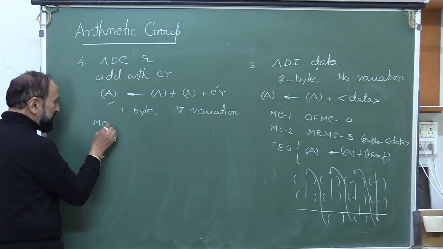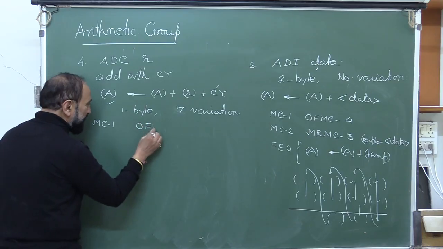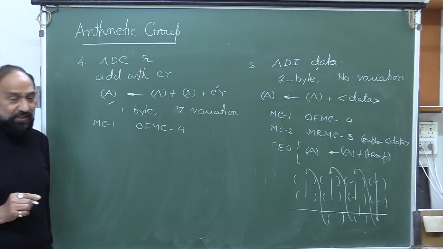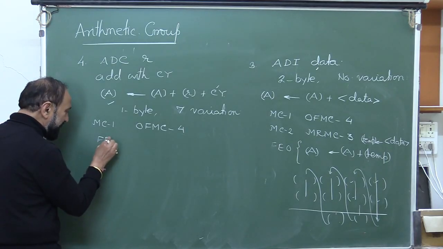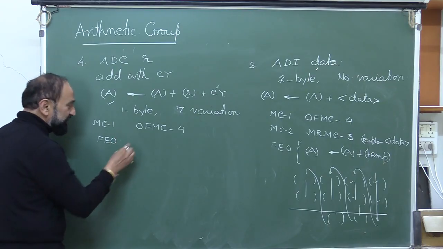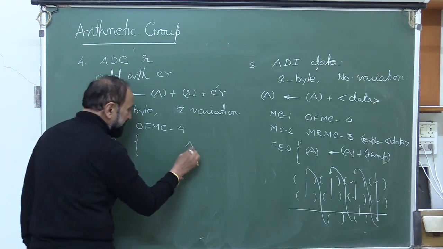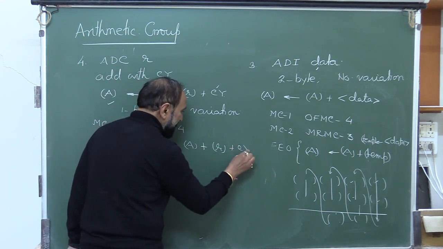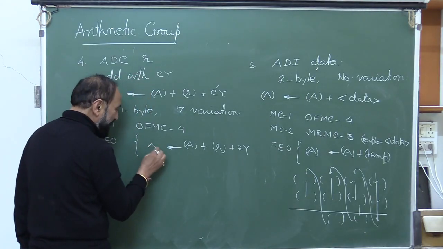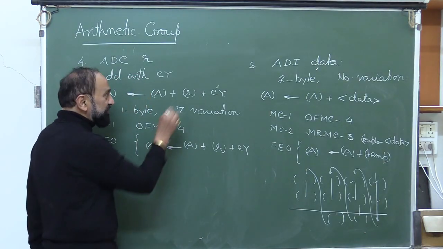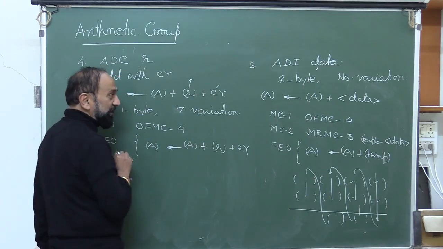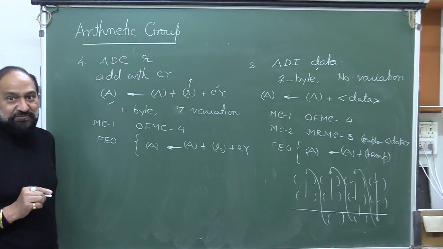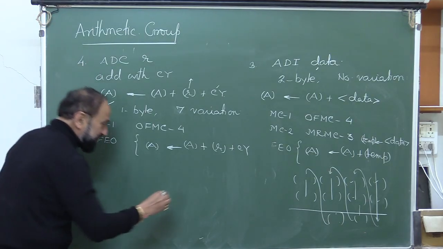So like the previous case, you have an opcode fetch machine cycle of 4 states. Instruction is decoded, and then during fetch execute overlap, this addition takes place. Method of operation is the same. First, this particular register is moved to temporary, then accumulator plus temporary plus the previous carry, that operation takes place.